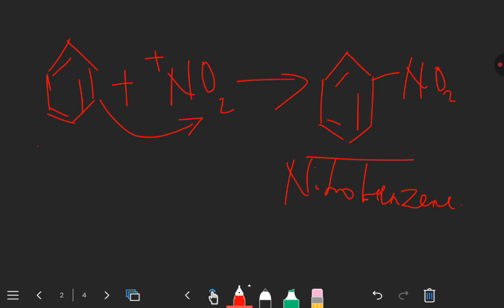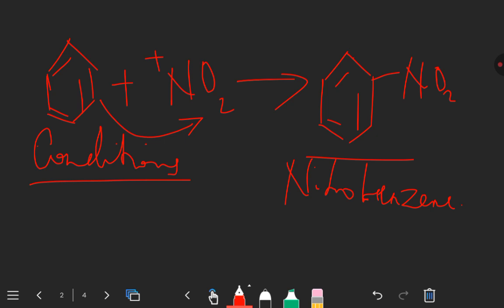So when you're talking about the conditions, you're referring to the reagent which must be present, and also the temperature which must be moderated so that this reaction comes to completion.